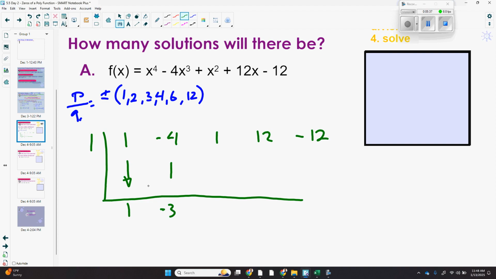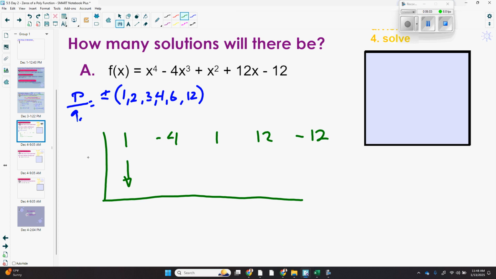If I add those together, times the 1 out front is still -3. 1 minus 3 is -2. -2 times 1 is -2. 12 minus 2 is 10, and 10 times 1 is still 10, and so I get a -2. Because this is not 0, this is not a factor. In order to be a factor of something, it has to divide evenly, so there's no remainder left over. And so I'm going to have to start over and try a different one.